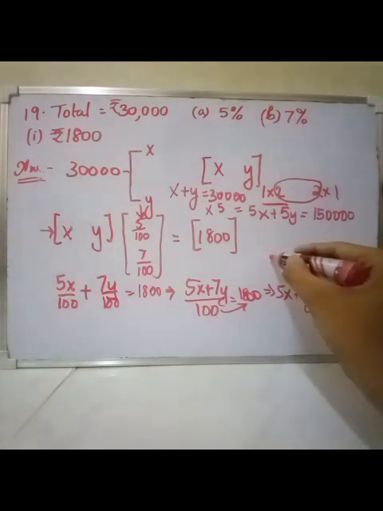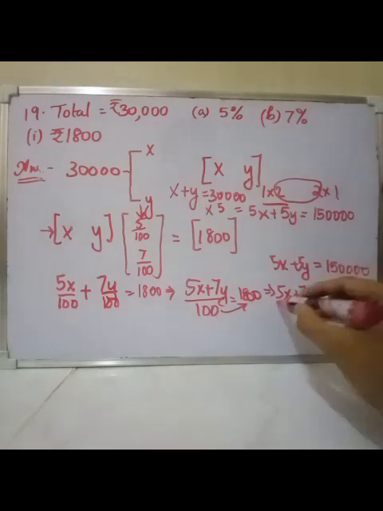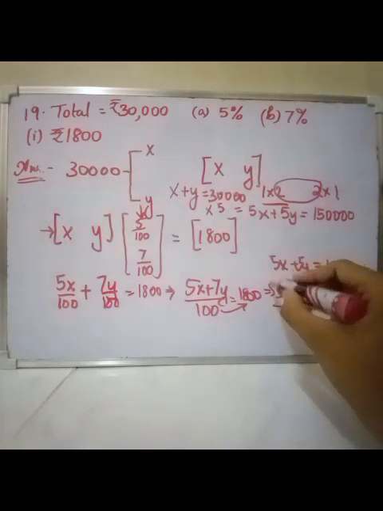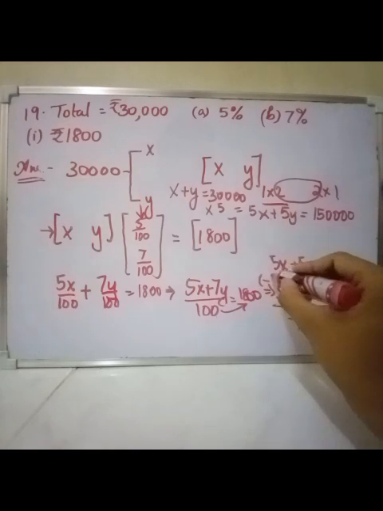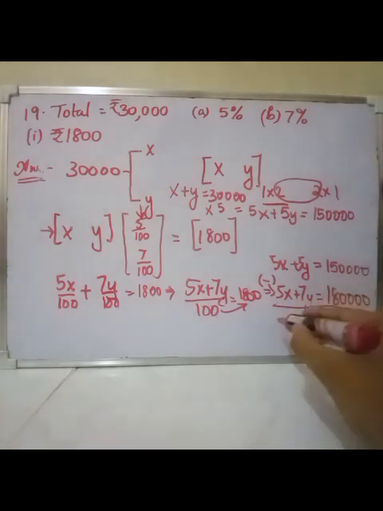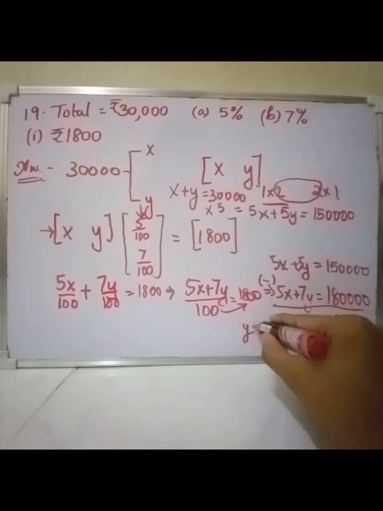So now we can subtract and eliminate. Doing the subtraction, you will get minus 2y, this one is negative, the second one, is equal to minus 30,000. So minus minus will be plus, and y is equal to 30,000 by 2, 15,000 rupees, right?